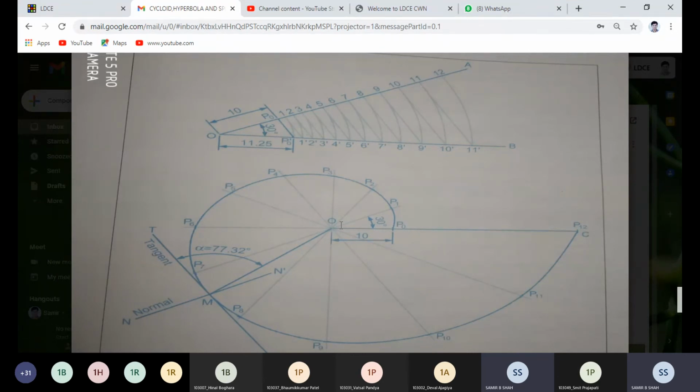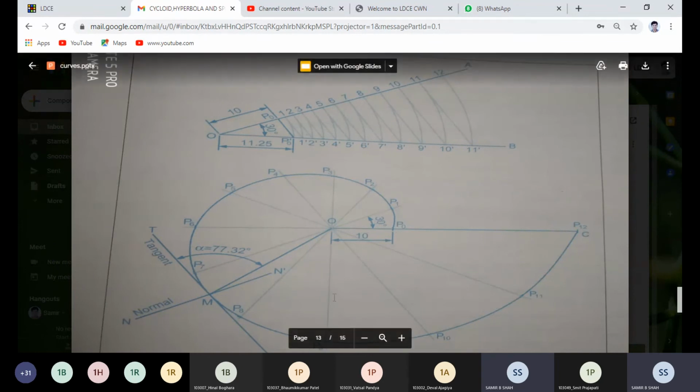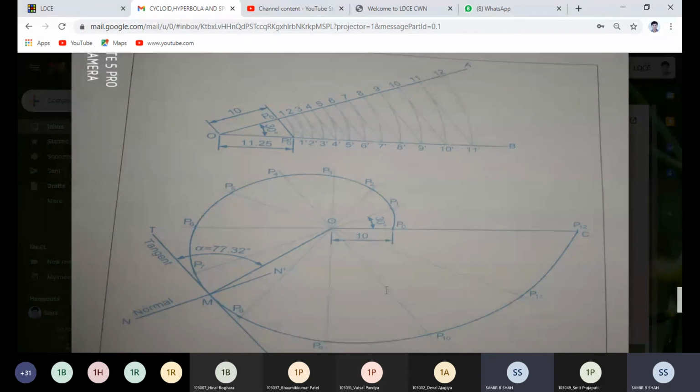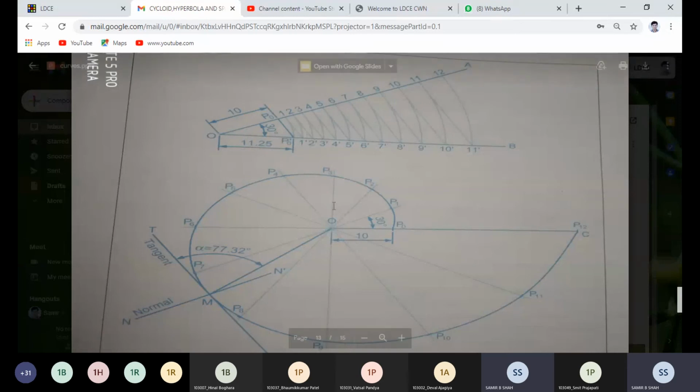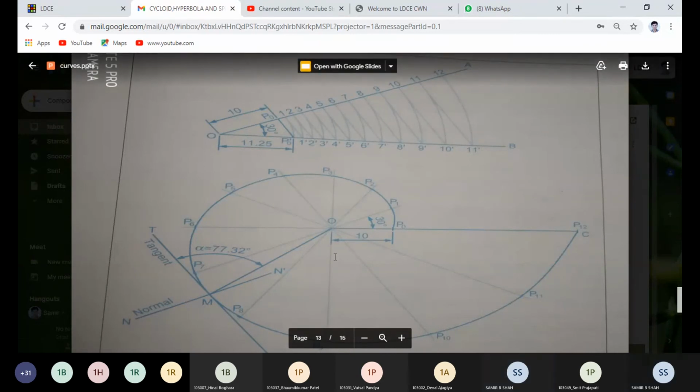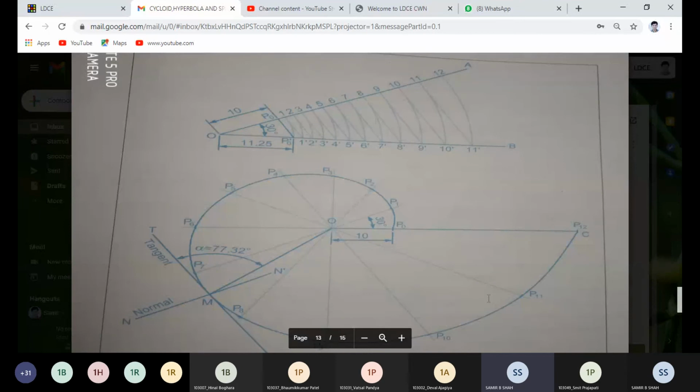Mark the points P1 to P11 on successive radius vectors by taking the lengths OP1, OP2, up to OP11.